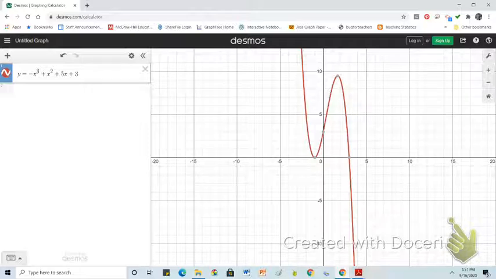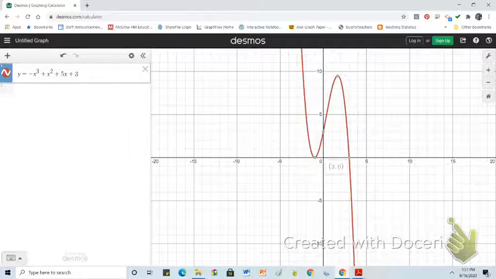Now you'll notice all of my important points that I need for my sheet are on here. I have my x-intercepts or my zeros. I have my y-intercept. I have my maximum. And you're only going to have to write it down to 1 decimal place because we're graphing by hand. And I have my other 0.